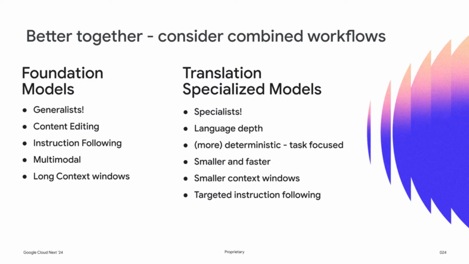So taking your base classic translation models or custom models, you can get those to scale up. They are low latency. They are very stable. And then you can look at the foundation models for other parts of the translation workflow, whether that be post editing or refining the content, because they can take a lot of the instruction tuning. That's where we are seeing the industry move, as well as some really helpful benefits of taking that approach.